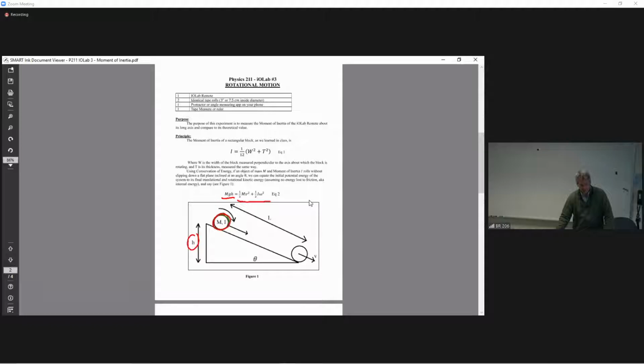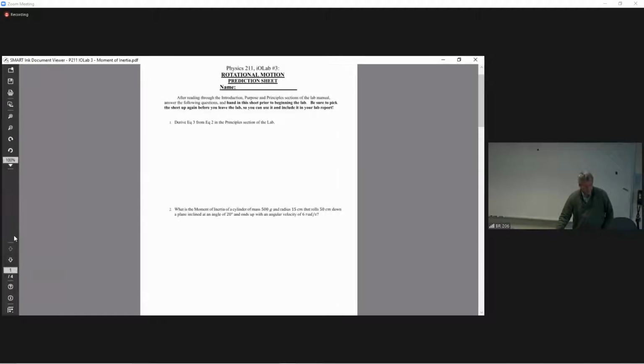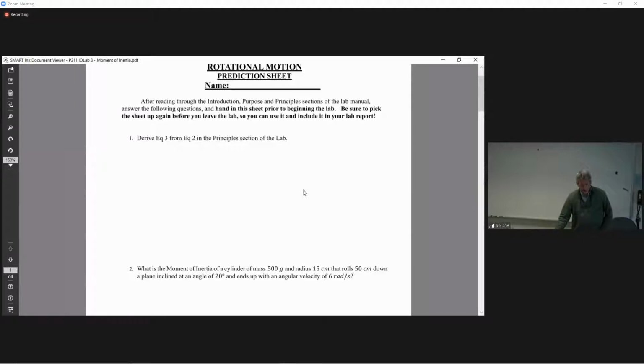Now, if we go back to the prediction sheet, let's zoom in a little so I can write on here. We have mgh equals 1/2 mv squared plus 1/2 I omega squared, right?